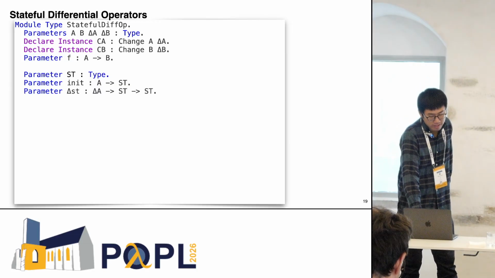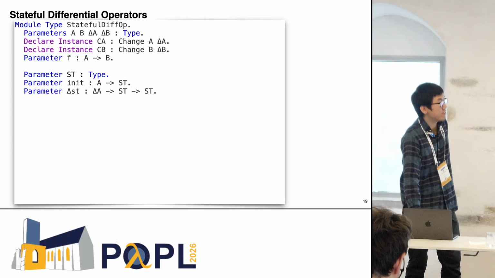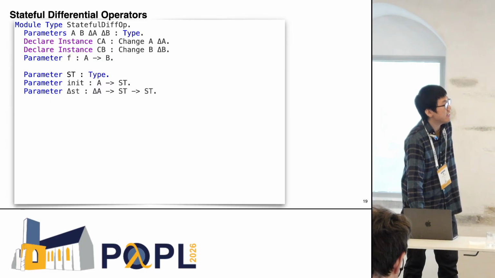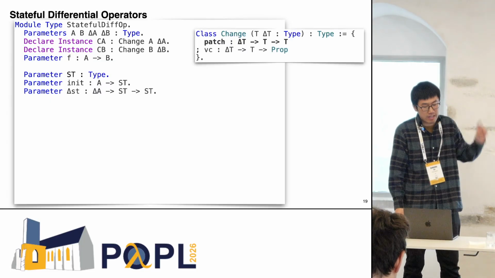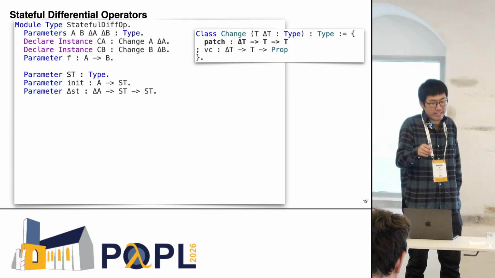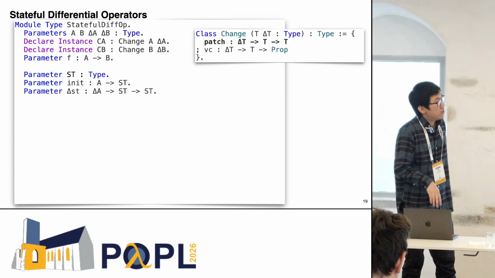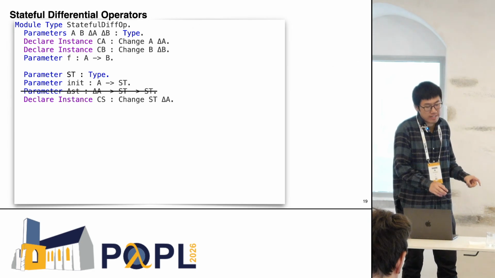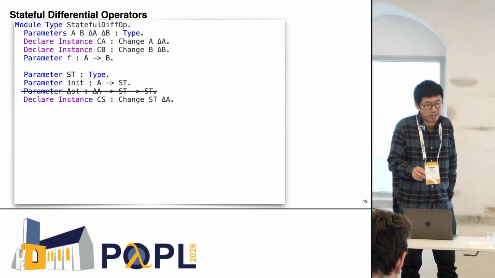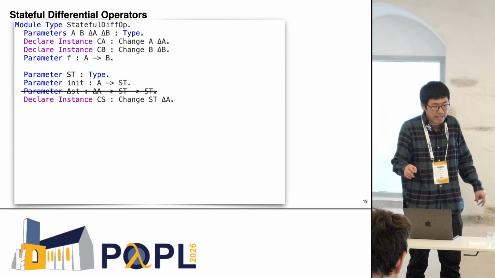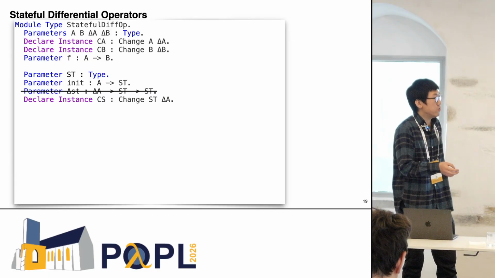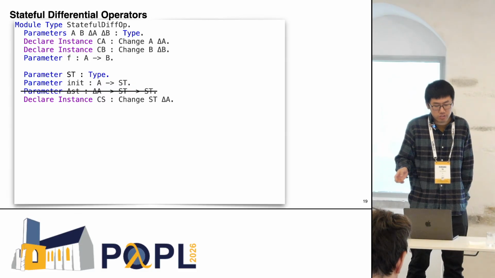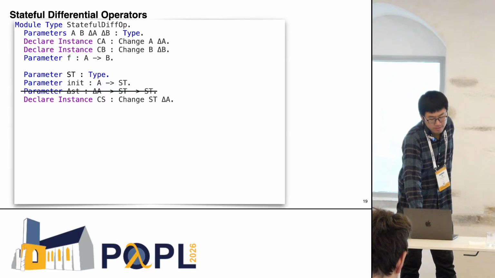But now I want to hold on for a second, because if we observe the signature of delta st, it might remind us of the signature of the patching function. So that means that we can use change structures to quantify the behavior of delta st. So instead, we just require the user to provide a change structure between the state type and the input change type.